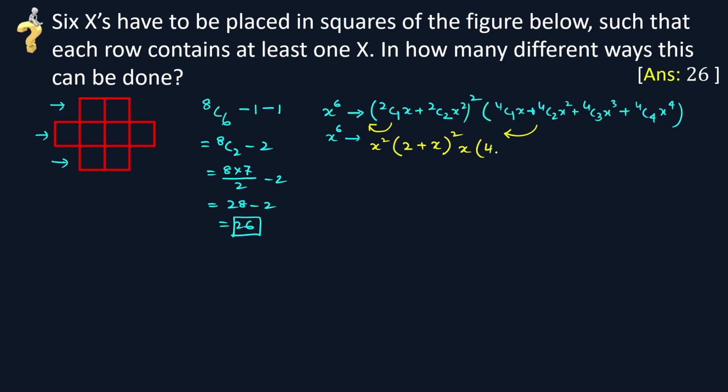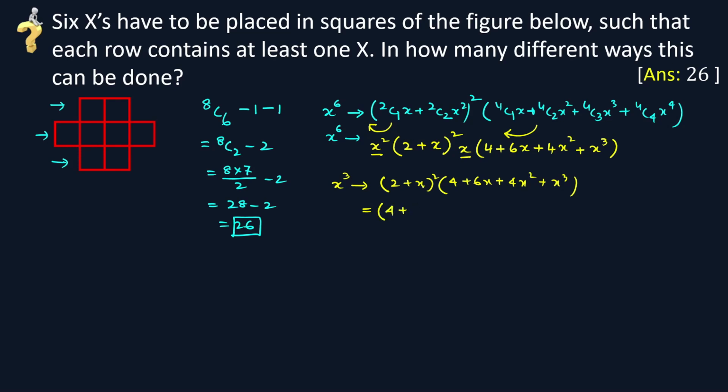So we are having 4C1, that is 4, plus 4C2 x, I have already taken common, so it will be 4C2, that is 6x, plus 4C3, same as 4, x squared, 4C4 is 1, so it is x cubed, right? So outside we are having x cubed. So actually we need the coefficient of x cubed in this expansion. Tell me yes or no. Okay. So now our task is to find the coefficient of x cubed in this expansion.